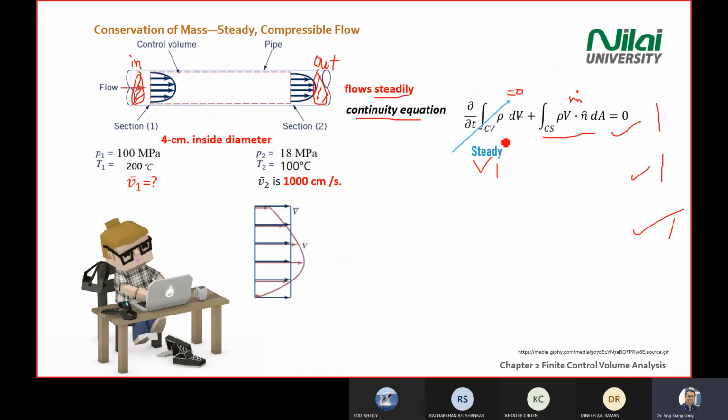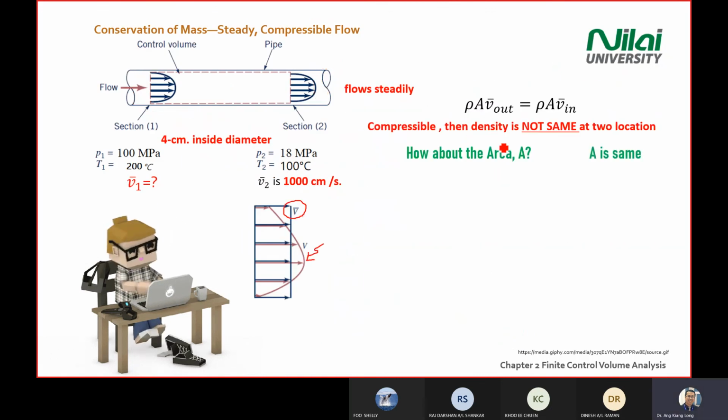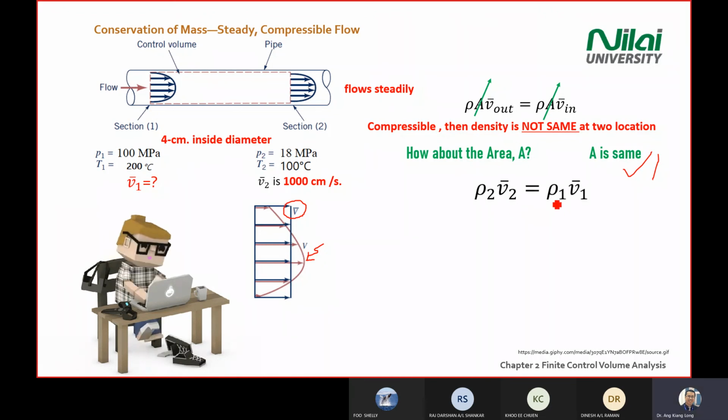Okay. We go back to the solution. In this case, area is the same, right? So you can cancel. When you cancel something in your answer, please explain. Don't suddenly cancel without explanation. So when you say that the area is the same, you can cancel, and you get another point for the green color arrow. Then you only have rho 2 V2 equal to rho 1 V1.